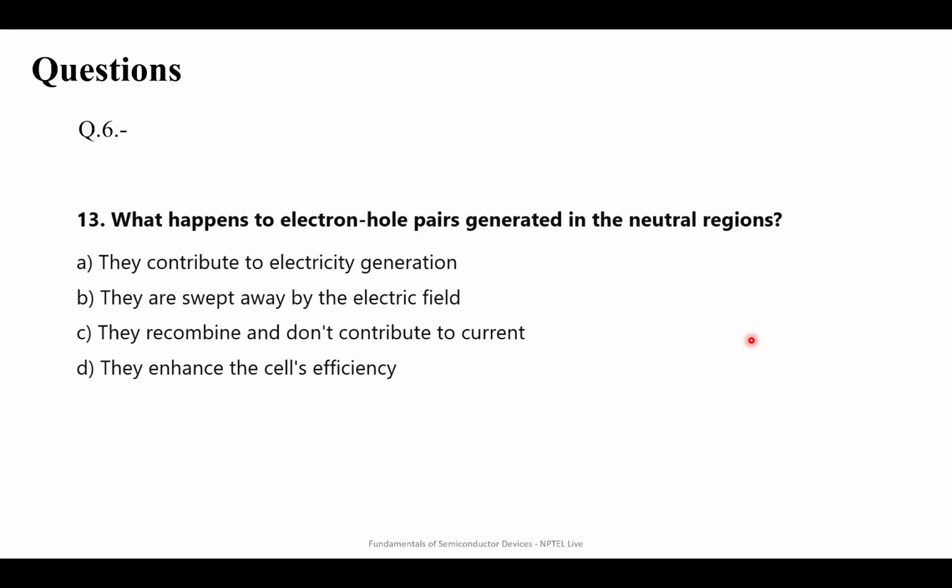What happens to electron hole pairs generated in the neutral regions? They contribute to electricity generation. They are swept away by the electric field. They recombine and don't contribute to current. They enhance the cell's efficiency. Sir, they are swept away by the electric field.